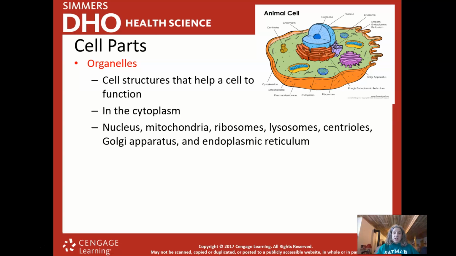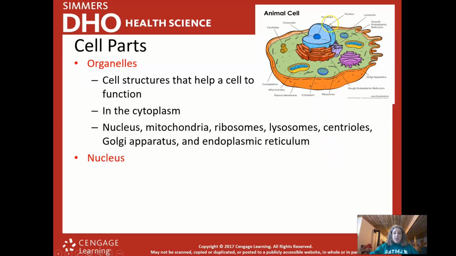They are located in the cytoplasm and include the nucleus, which is the blue area, this large blue part here, the mitochondria, which is this yellow and blue here, ribosomes, which are the little dots here, lysosomes, which is this blue one right here, the small one, centrioles right here, the Golgi apparatus, which is this purple, and the endoplasmic reticulum, which is this orange and purple.